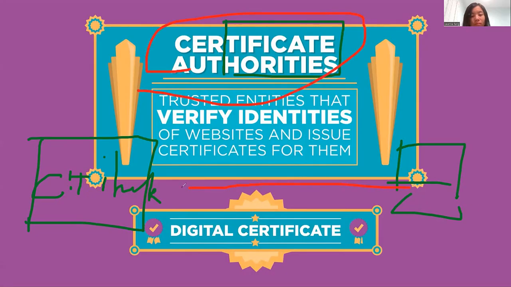So you talk to it using HTTPS, and then Citibank would check with the certificate authority, saying, is this guy a real person or not? Okay, it is. And then I also check with the authority, is Citibank a regular website or is it a fake website?